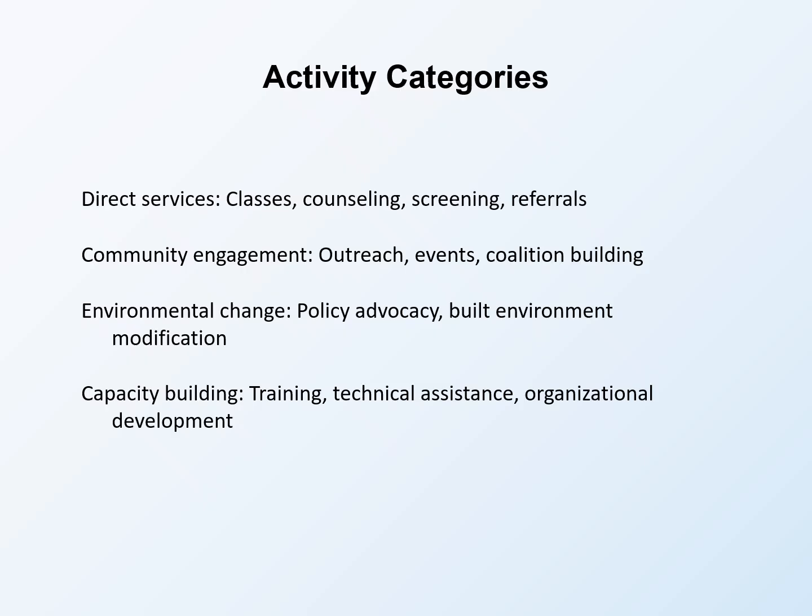Capacity building includes training others, providing technical assistance, and organizational development. You're strengthening others' ability to continue the work. Consider which categories fit your theory of change. If your theory emphasizes individual behavior change, direct services dominate. If your theory emphasizes systemic change, environmental and capacity building activities dominate.